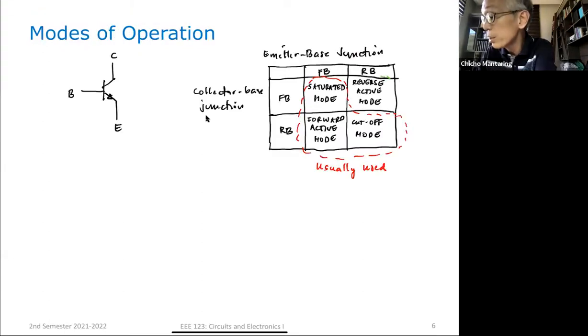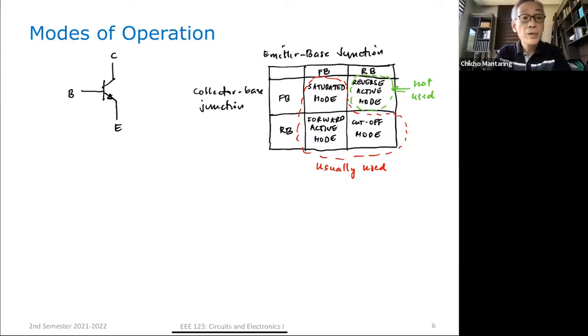Usually, a transistor gets into reverse active mode when you make a mistake in its connection. Otherwise, you never use a transistor in reverse active mode.